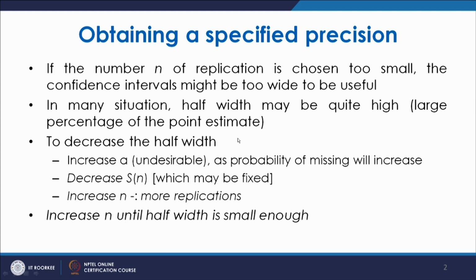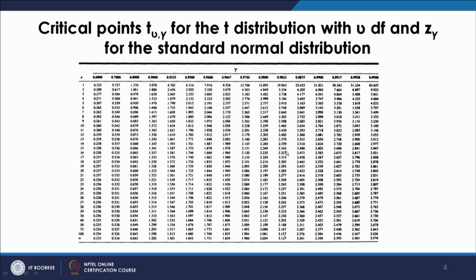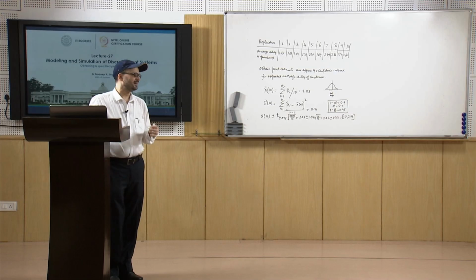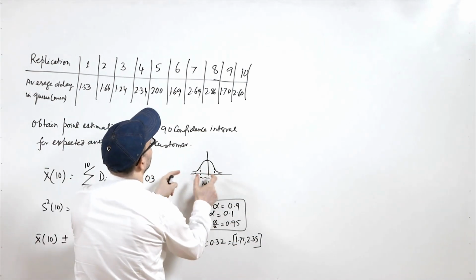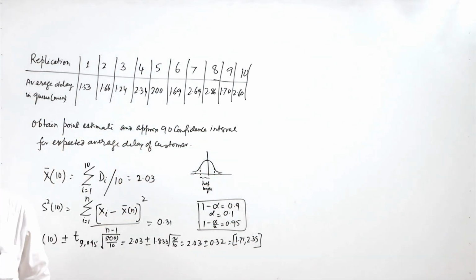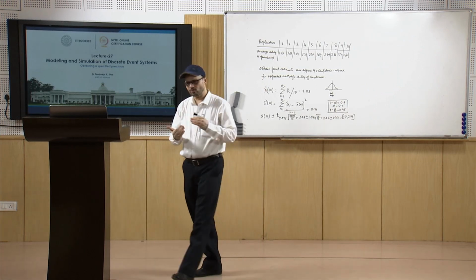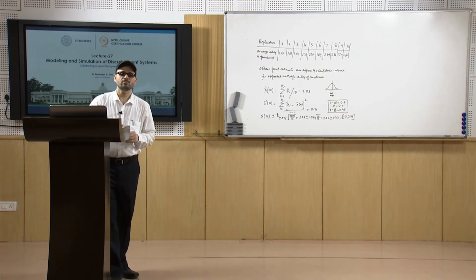Now, that can be seen by looking at the table: if n is smaller, then for any value, this value goes on increasing as we move up in the table. So, the half length will go on increasing. This interval will go on increasing if n is small. As n becomes larger, it will go on getting smaller and smaller.